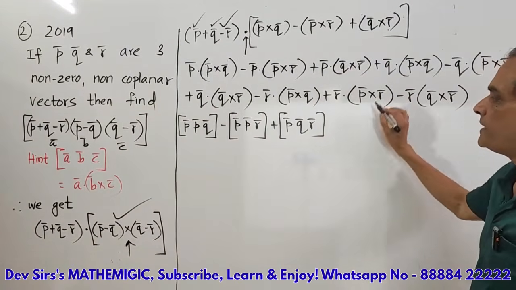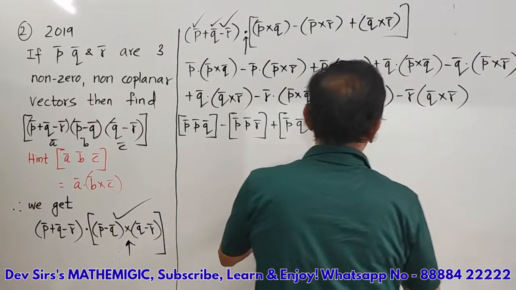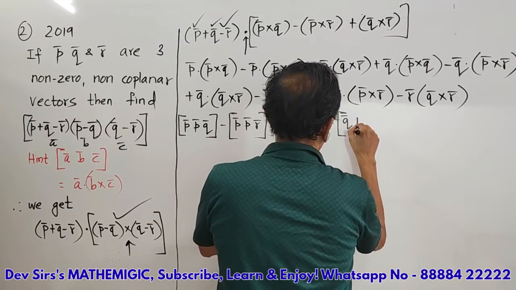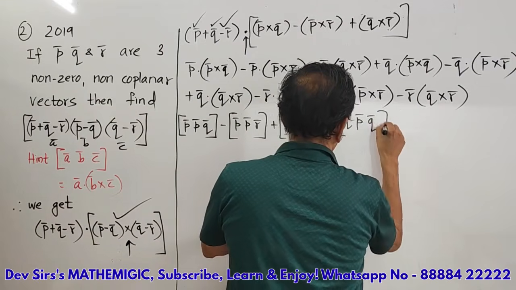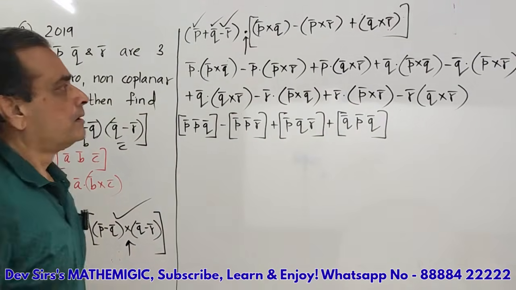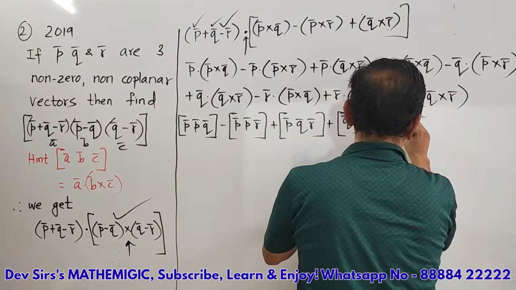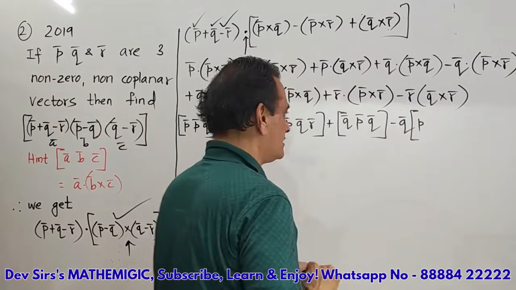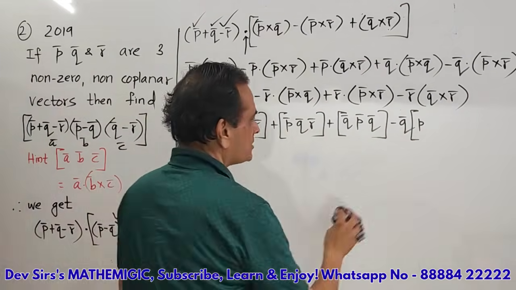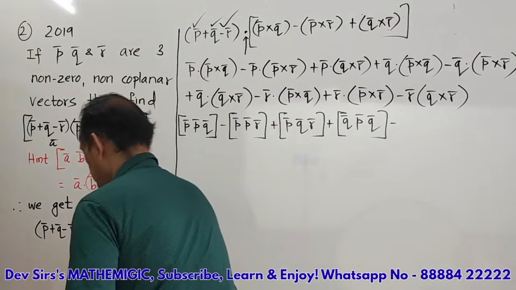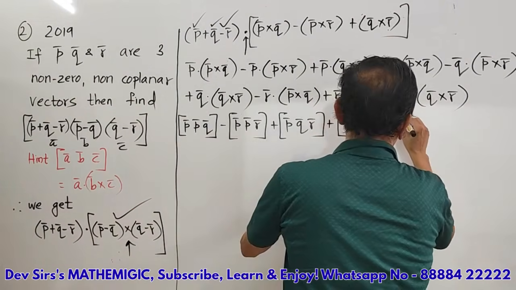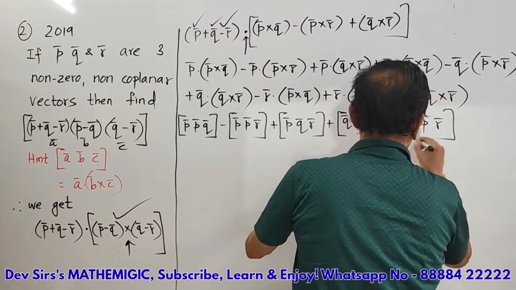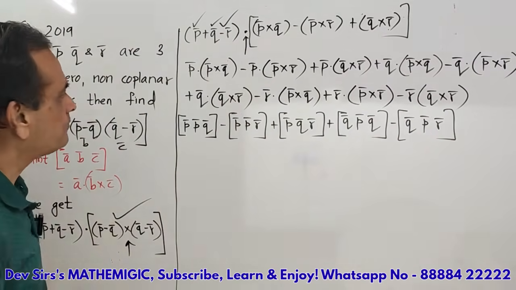Forget about dot and cross. Direct box product लिख लो. But be careful of the signs. ये जरा गलती हो गया, बॉक्स में लिखना है ना. Everything in boxes.